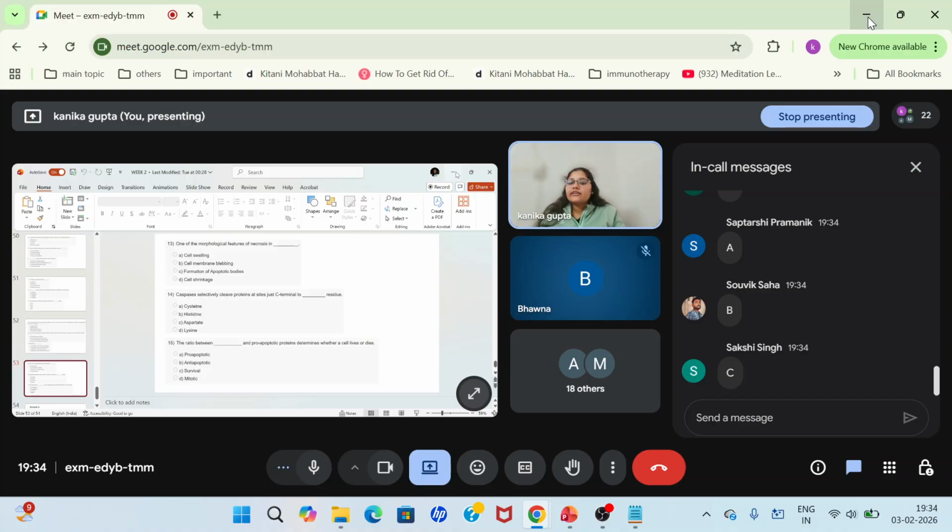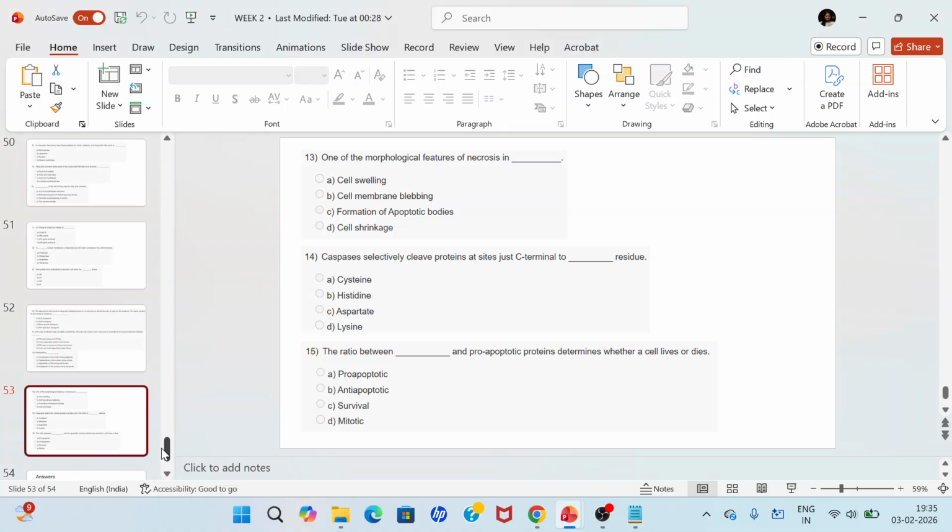Caspases selectively cleave proteins at site just C terminal to dash residue. Which residue? Aspartate. Yes, it is aspartate. Question number 15. The ratio between the following and pro-apoptotic proteins determines whether a cell lives or dies. Yes, anti-apoptotic proteins.